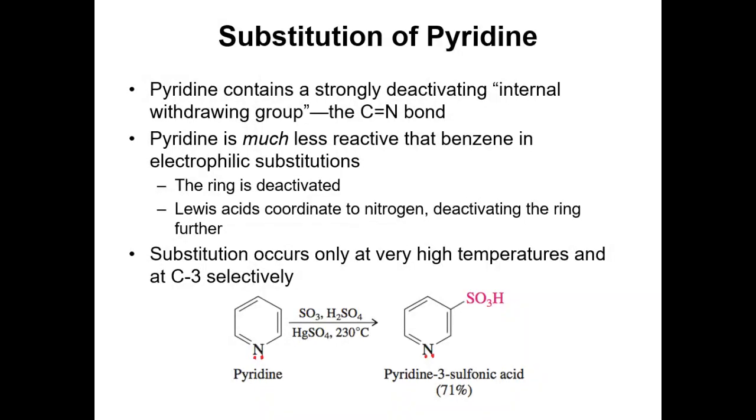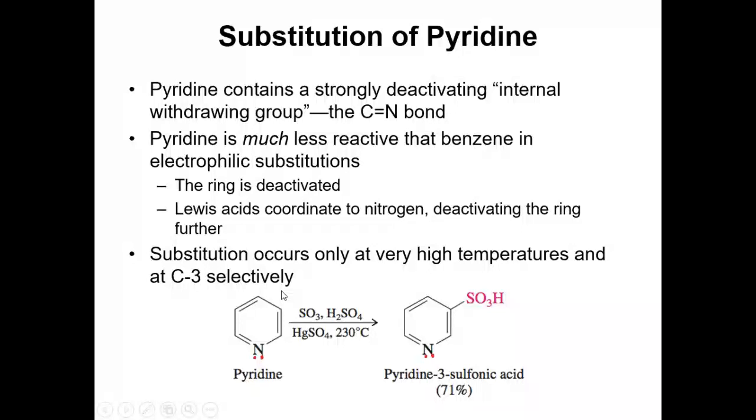And unfortunately, this lone pair is in an sp2 orbital, so it cannot make any contribution to increase the pi electron density, because it is not in the p orbital. Now, because nitrogen is more electronegative than carbon, nitrogen can attract the pi electrons towards itself.